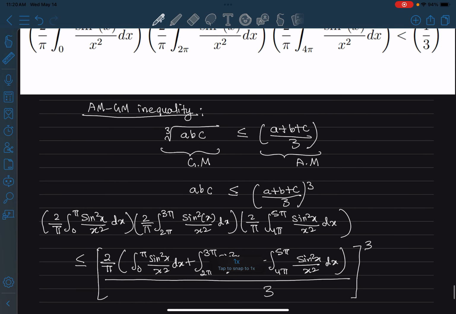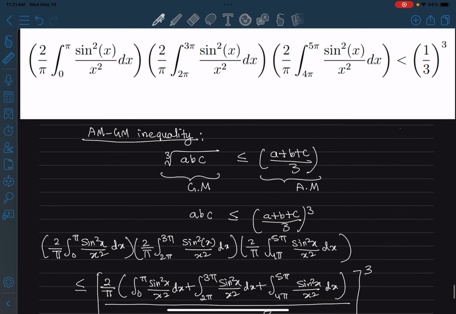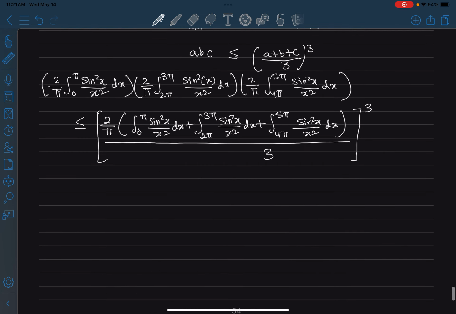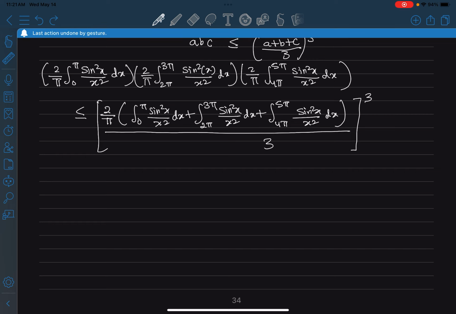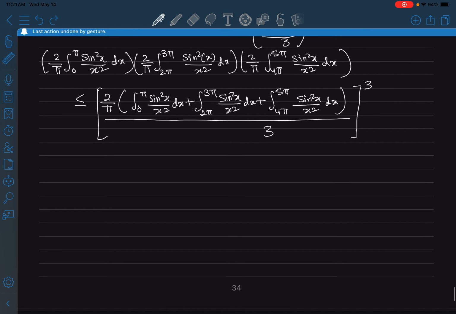Now, also let's look at this. There's a strict inequality over here, and also it's just 1 by 3 whole cube. So maybe in some ways we have to reduce this expression over here to 1 so that we will have 1 by 3 whole cube, right?